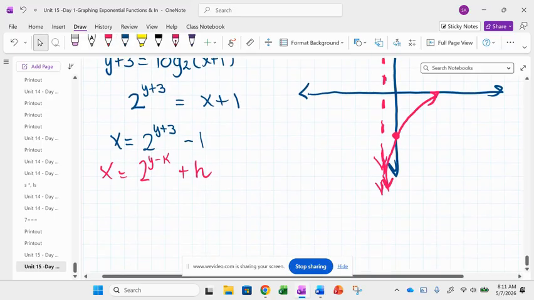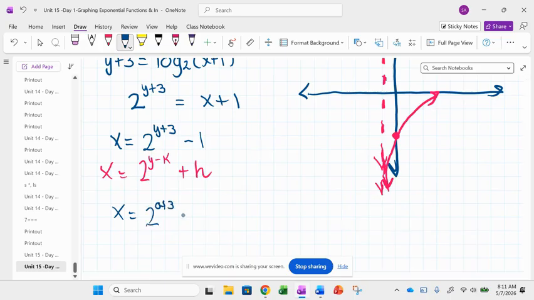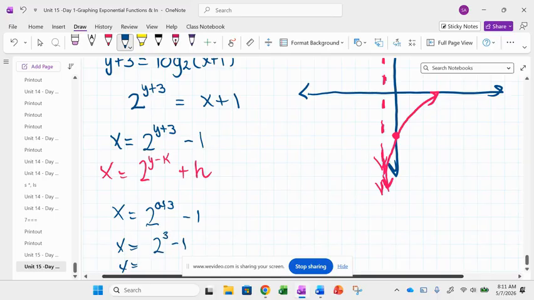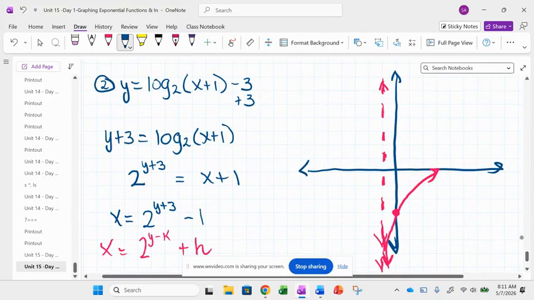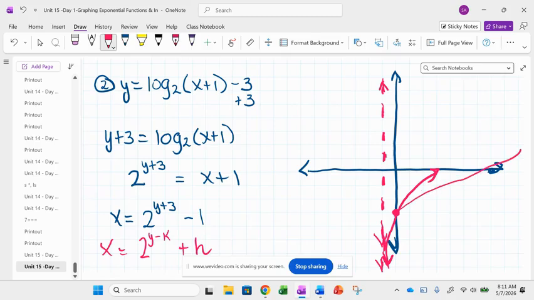I could potentially find my x-intercept in this one because it would be x is equal to 2 raised to the 0 plus 3 minus 1. So x is equal to 2 to the 3rd minus 1. So we're going to have x is equal to 7. So we could have an x-intercept of 7, 1, 2, 3, 4, 5, 6, 7. So it'd really be exaggerated there, but that's not really the point of this. It's just a general idea of where it's going.